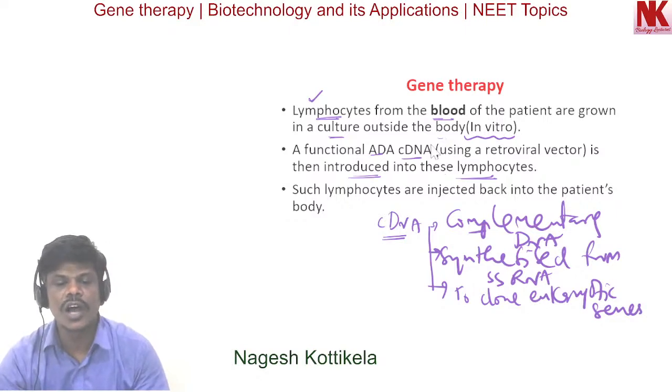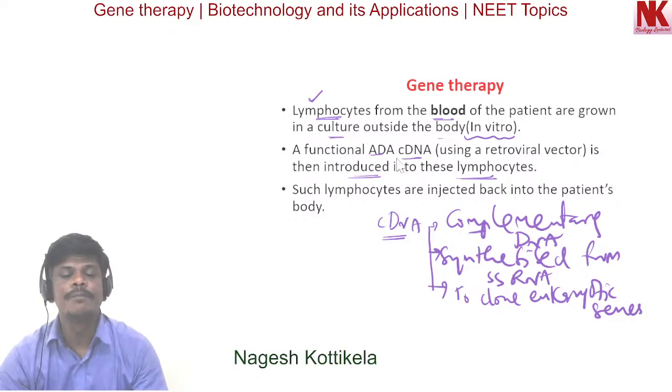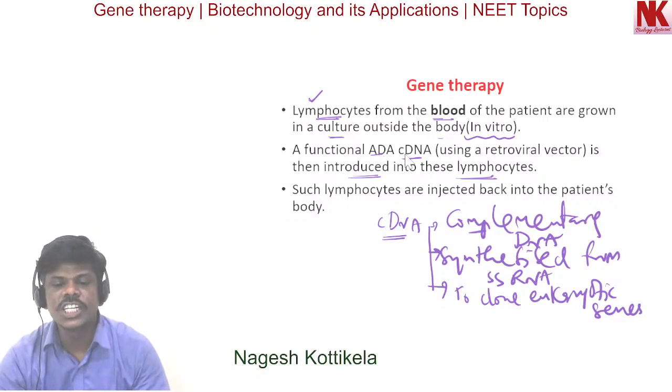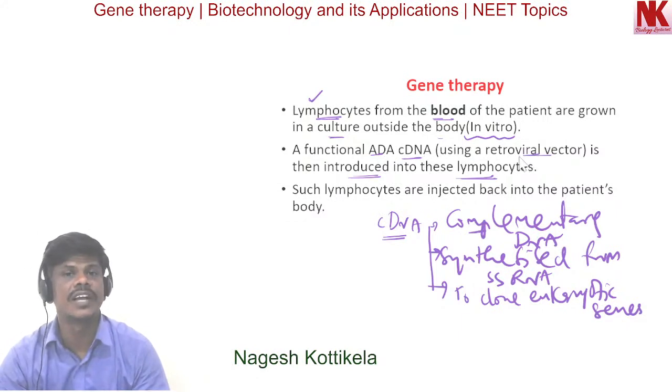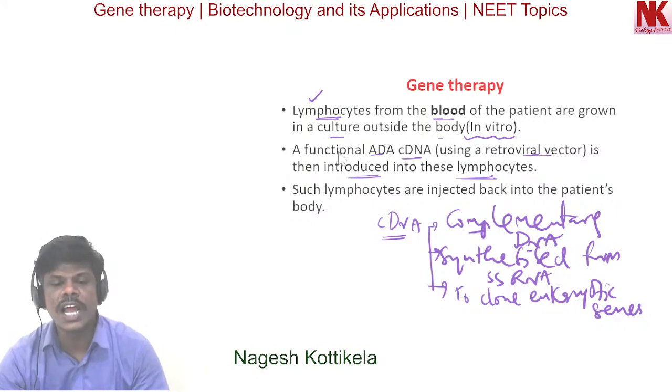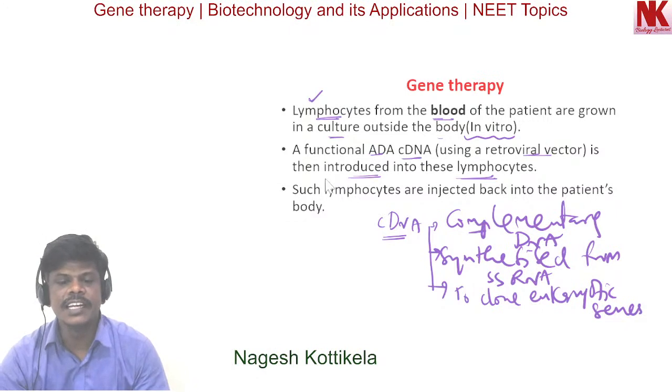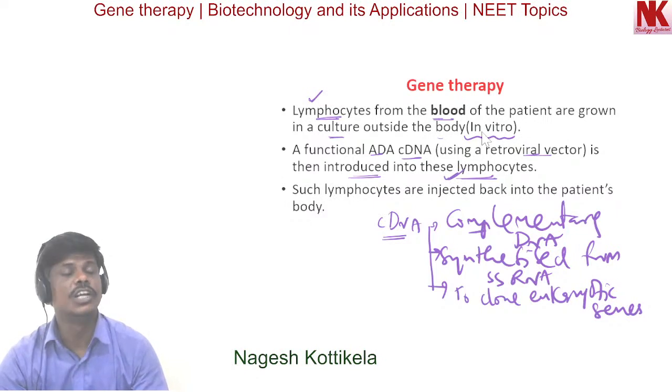So a functional ADA, that is adenosine deaminase enzyme, cDNA is introduced using a retroviral vector. Retrovirus is used as a vector, and this functional ADA cDNA is introduced into these lymphocytes which are cultured in vitro.